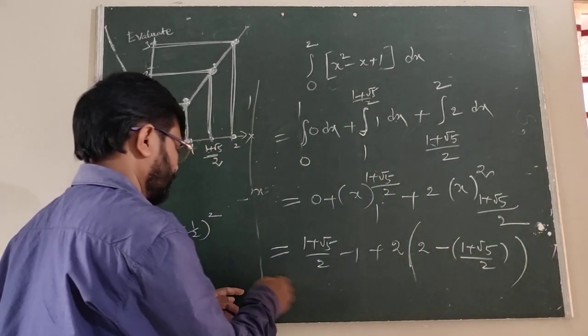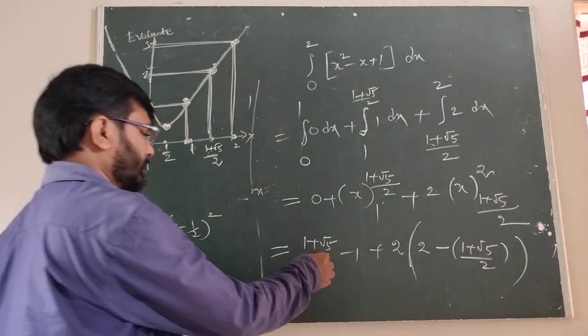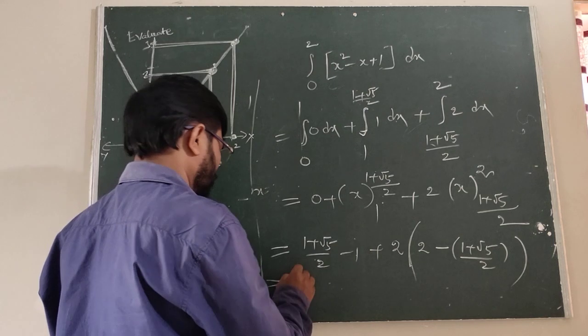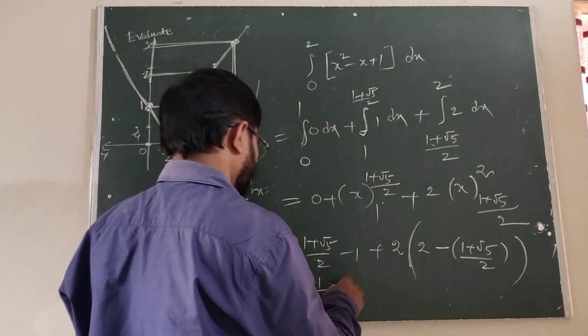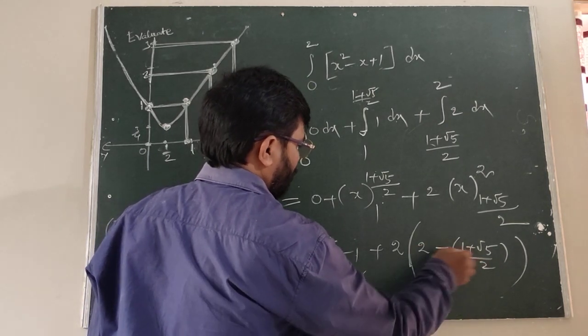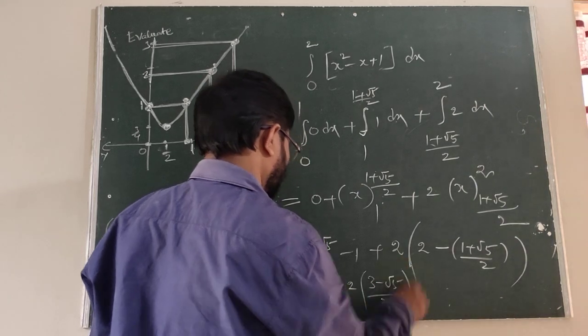Is it all clear here? 2 twos are 4, 4 minus 1 is 3, minus root 5 by 2.